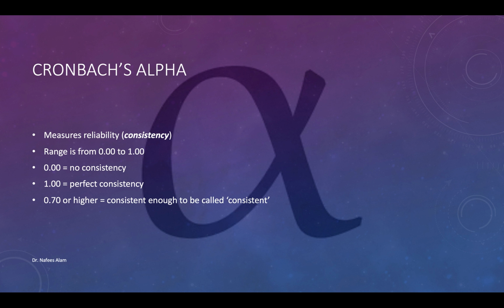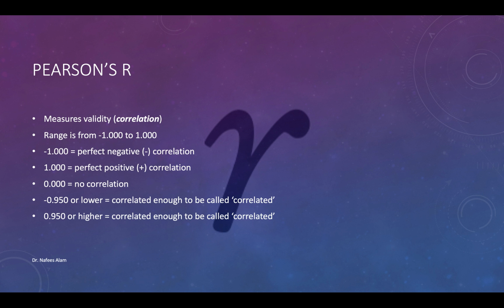higher. And to measure validity, you have Pearson's R, which is one of the calculations for analysis available to you. Pearson's R measures validity correlation, and the range for Pearson's R is -1 to 1, and -1 shows a perfect negative correlation, which, if you think of a number line, is a line that goes from high to low as you go from left to right.